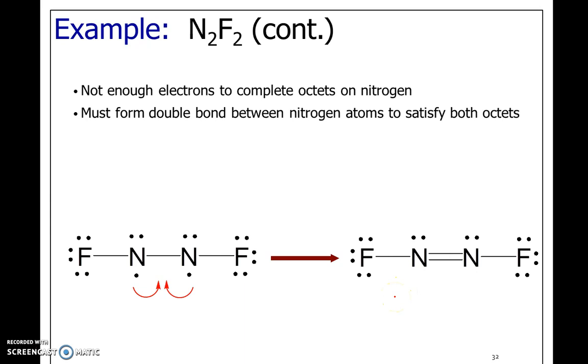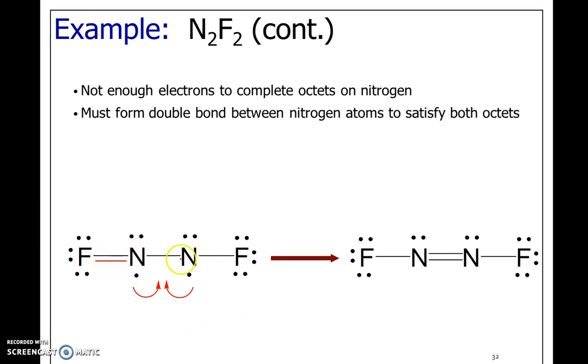You would not want to double bond a fluorine. Okay, you would not put a bond between here, because fluorine again only wants to bond once. So you would be having extra electrons around the fluorine, and not having a complete octet around either of the fluorines or the nitrogen.